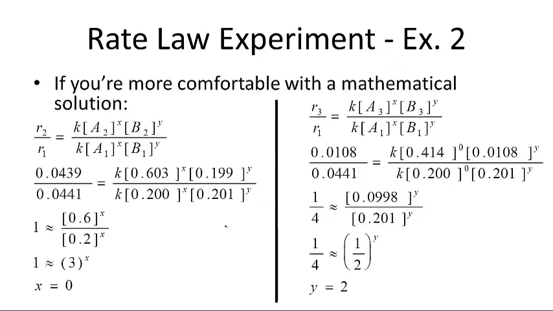All right. So here would be doing it all out, not crossing anything out. This is, if you're more comfortable with the full-on mathematical solution. Most of the time, guys, you're just going to be able to think, one doubles, what happens to the rate? Straightforward, quick. All right.